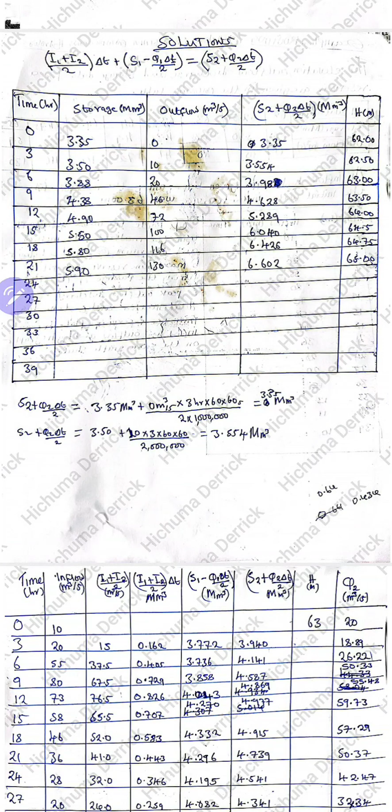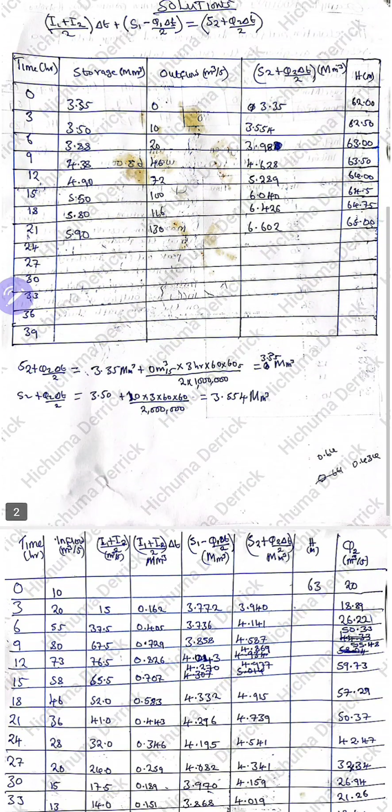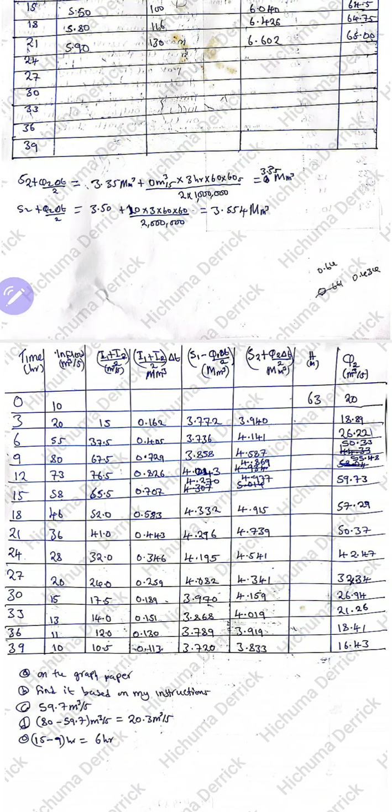Remember we said that we want a situation where, from this information here, we can create the graph, which I'll talk about later. Now this is the table that we have for all our calculations.